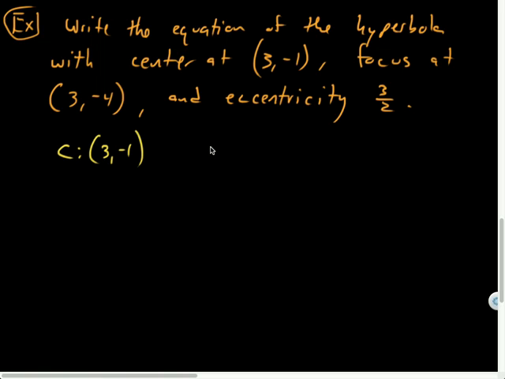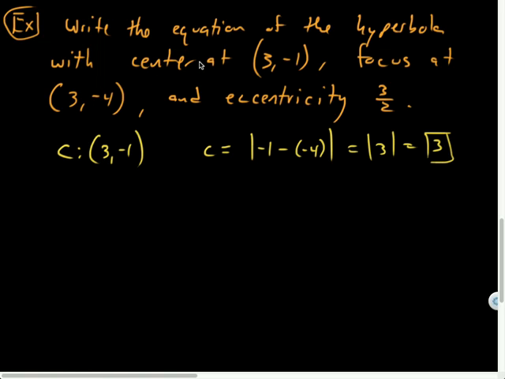No, it was focus, singular. I always mix up my plurality of things. So little c would be the distance between those two. That would be the absolute value of -1 minus -4, or you could do the proper distance formula, whichever you'd like. So that's absolute value of 3, or 3. So that's the value of c.